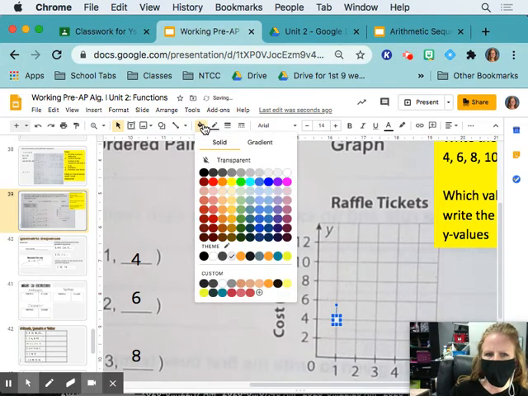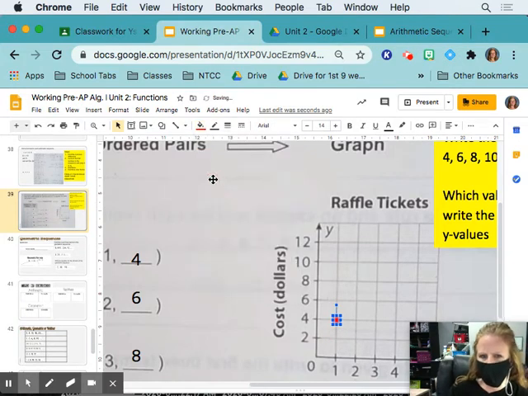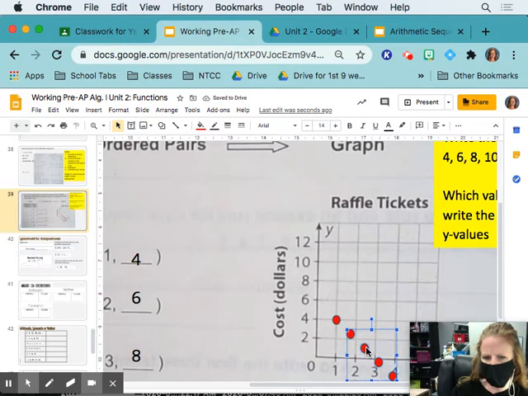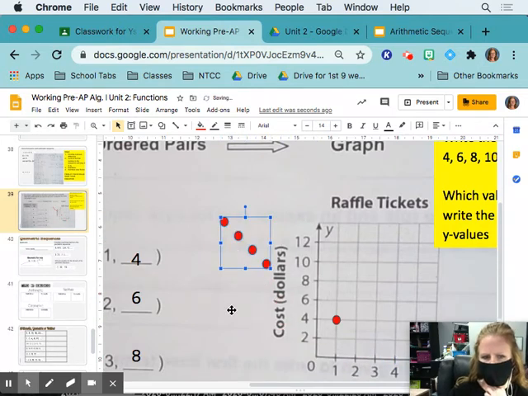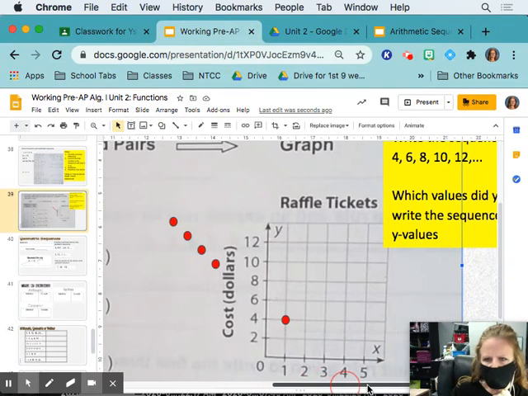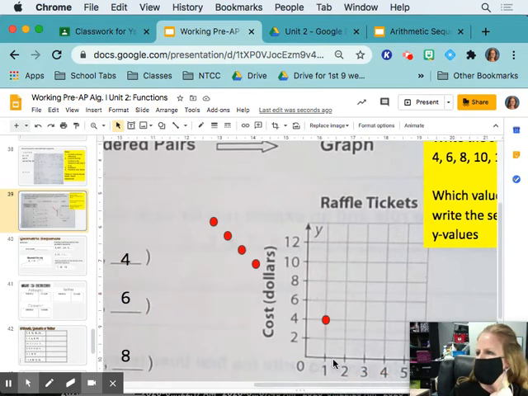Now I'm going to make my point red. And I need a few more. So I copied and pasted so I have a few more points to use. How many total points do we have? 5? Yeah.